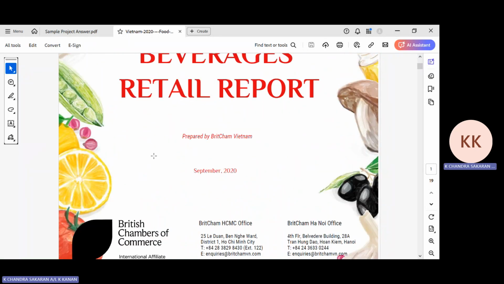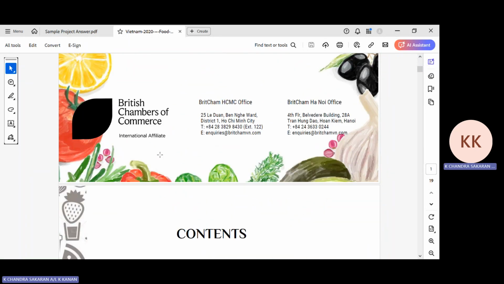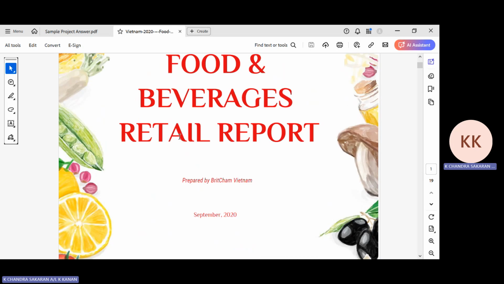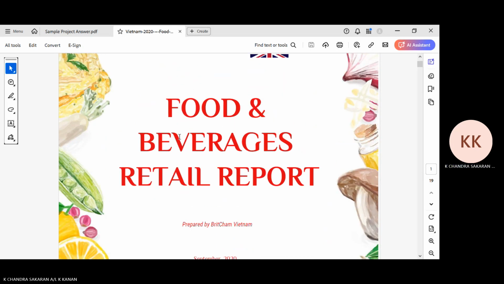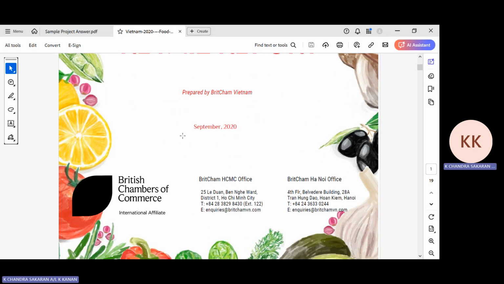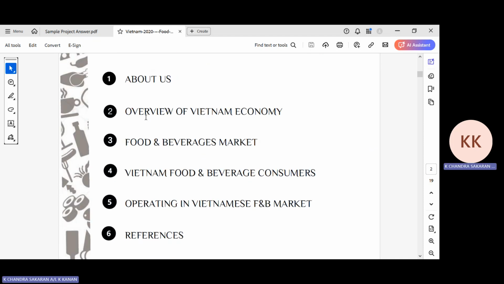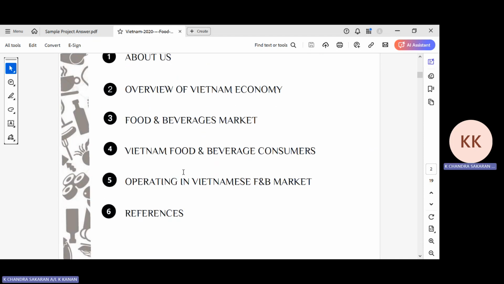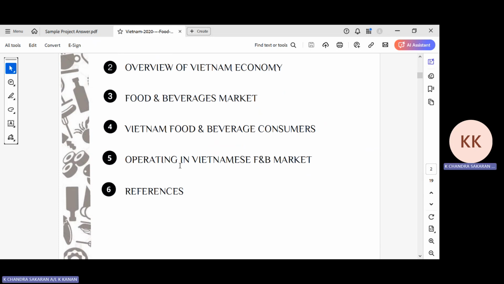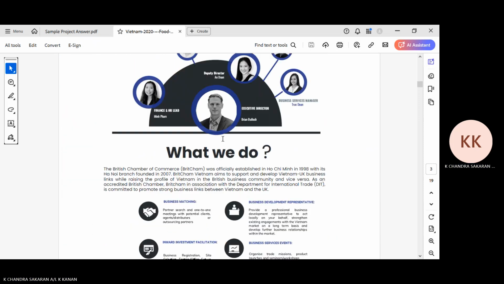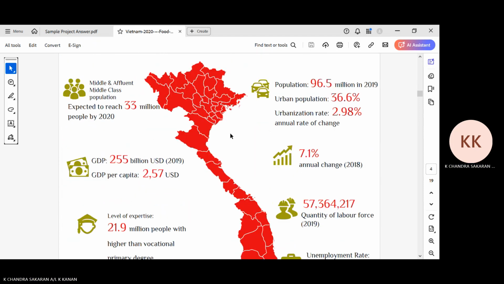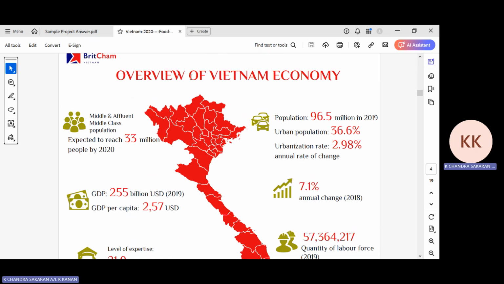So in this report, look at things like that. This is done for the Vietnam market. So you can see overview, economy, food market in Vietnam, operating in Vietnam business, F&B, food and beverage market. But this one is talking about the overview of the Vietnam economy.